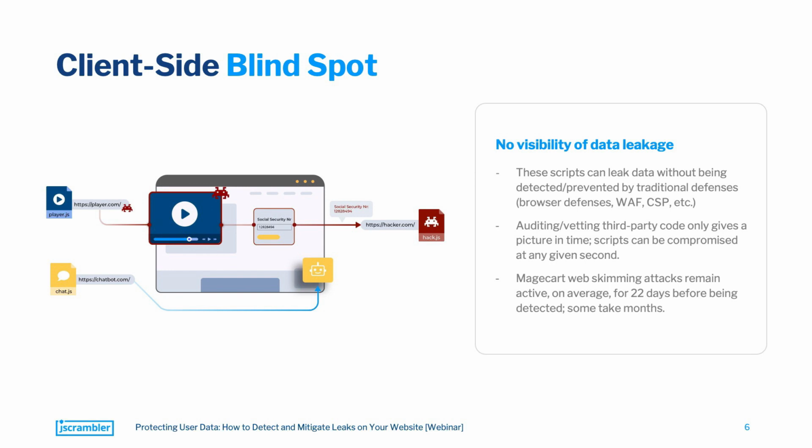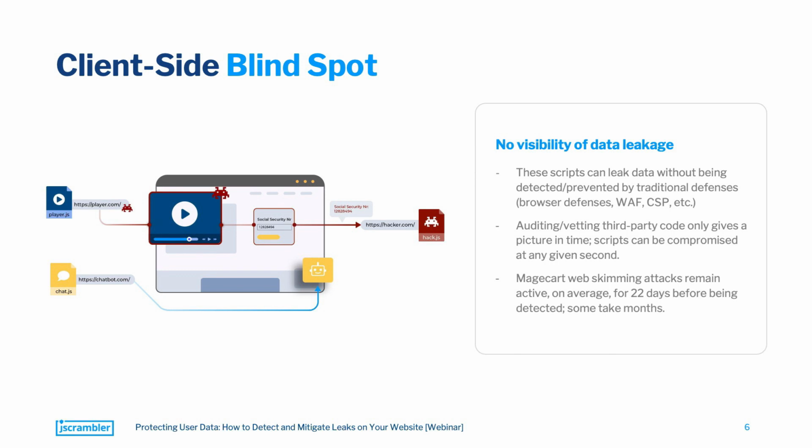The time frame between audits still leaves a wide opportunity for attackers to breach our supply chain, if you even know what is in your supply chain, which itself is a question that is often open to debate. Take, for example, the MageCart web skimming attacks, where attackers leak credit card information. Whenever a user inputs into a payment form on any given website, a third-party script has access to it.